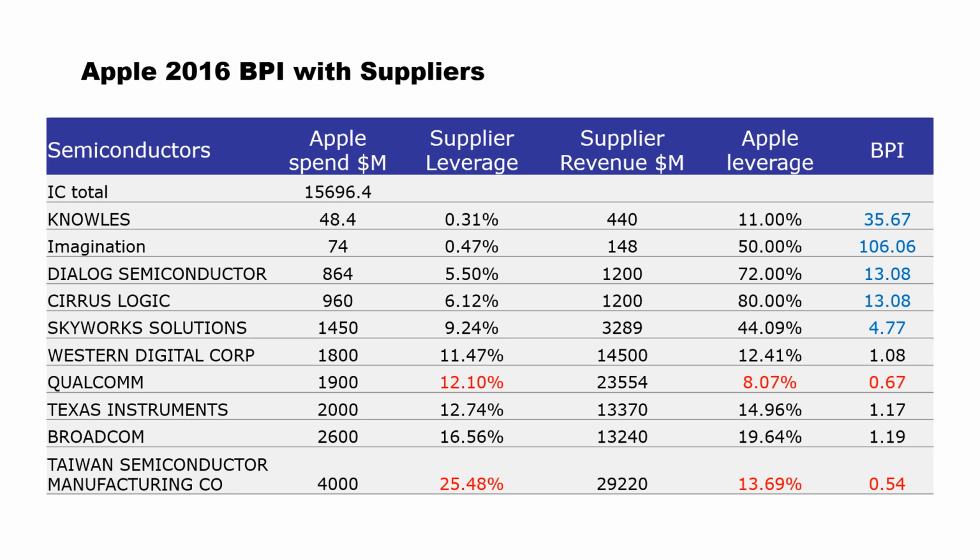Apple's total semiconductor spend in year 2016 is about $15.7 billion. And you can see that after the calculation, Apple has a bargaining power over many suppliers such as Skyworks. But Qualcomm and TSMC, Taiwan Semiconductor Manufacturing Company, had a bargaining power over Apple.